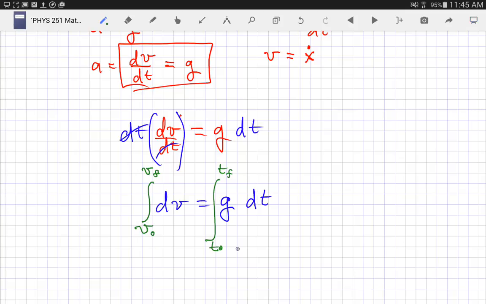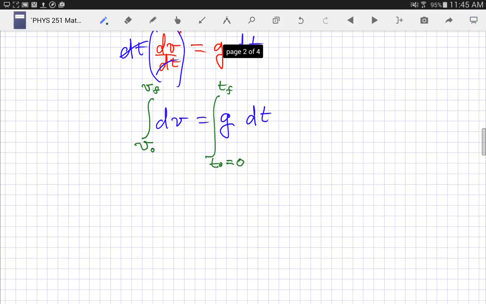And that simplification is to assume that we're going to set our stopwatch so the initial time is 0. That just allows us to put a lot of zeros in and make things simpler. Right? If you're just measuring the time, you're usually free to choose when time 0 is. And so we're going to integrate this side with the limits from time equals 0 to time final. This side from speed at time 0 to speed at our final time.